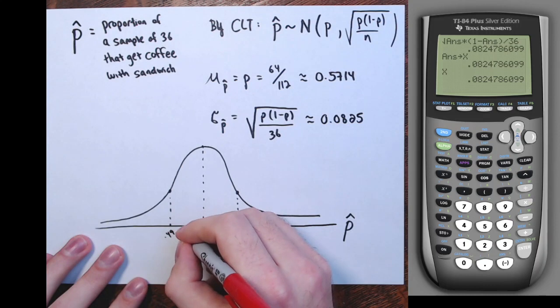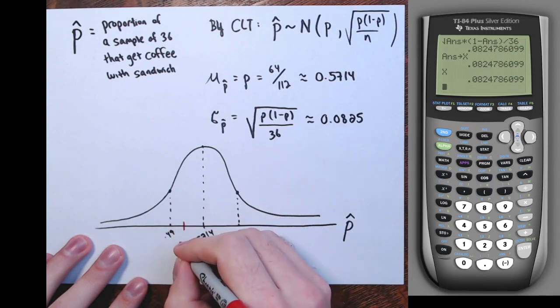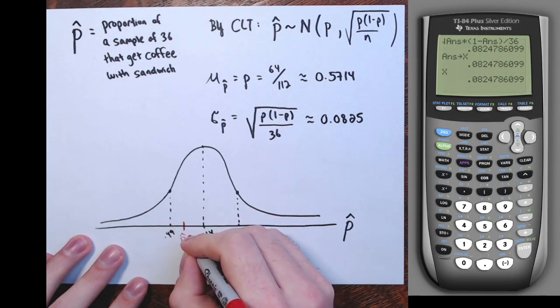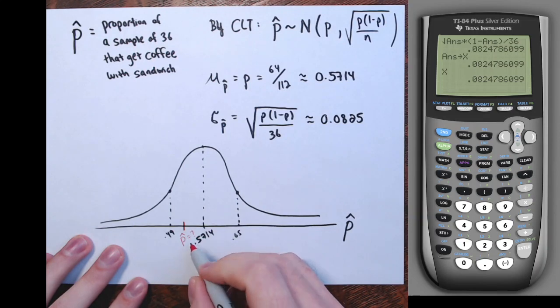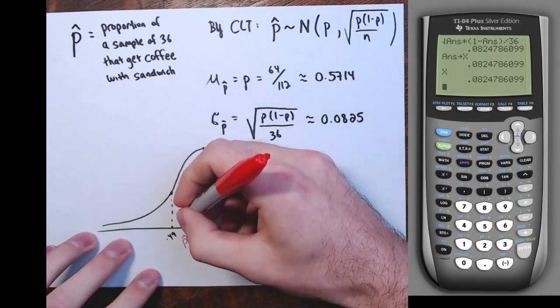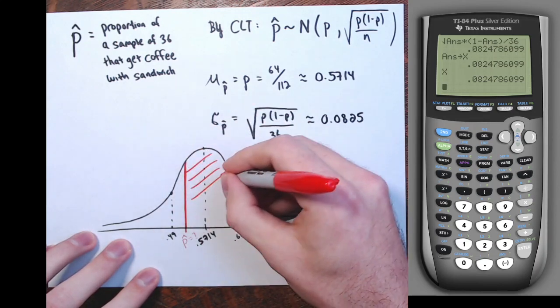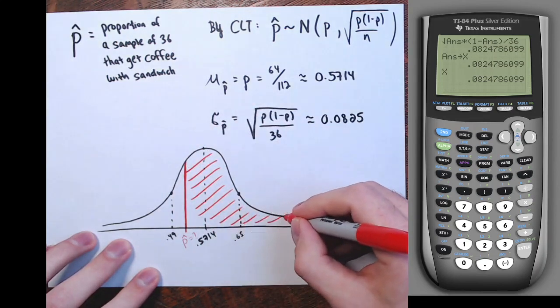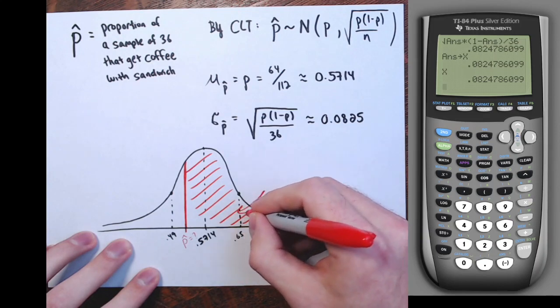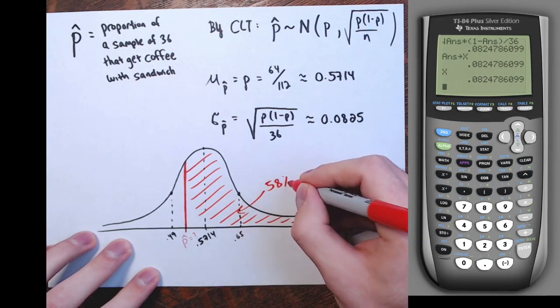So say about in here, what is this? P hat equals question mark. What is this value such that there are 58% above? Right, so this area is 58%.